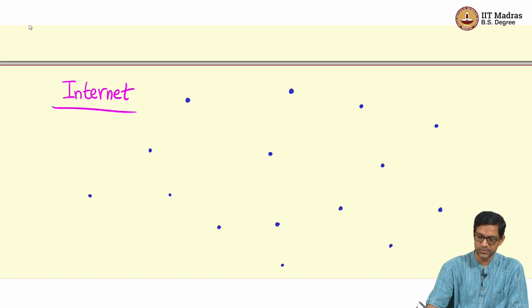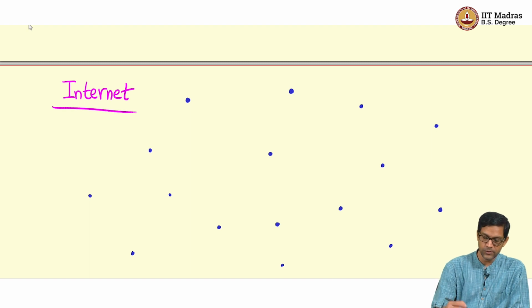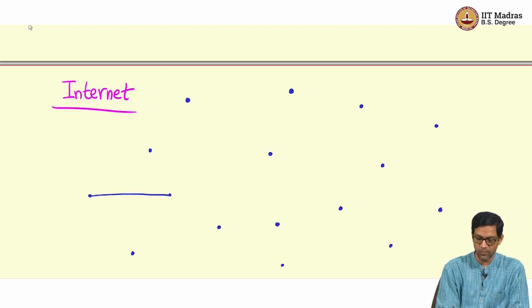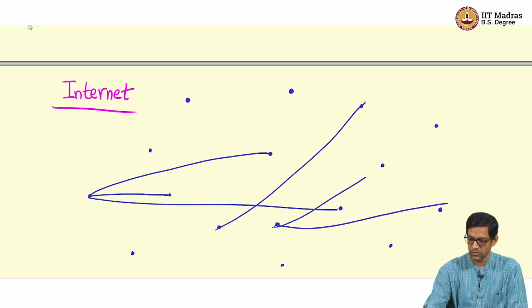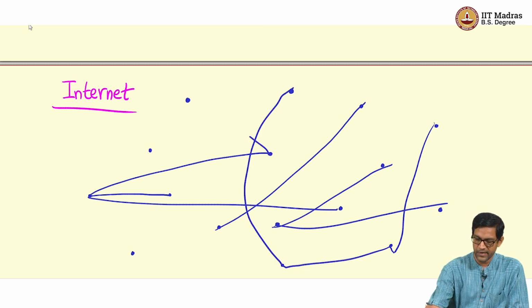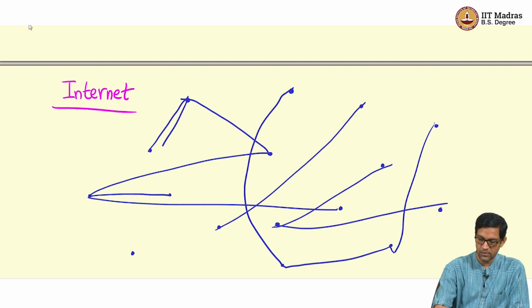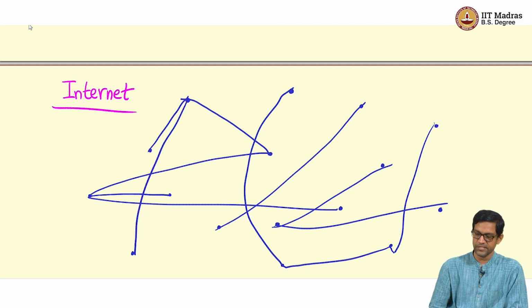So what relationships can you have? Well, a given web page may link to another web page, right? You may find a link from one web page to another one. So maybe certain web pages link to very many others, and so on. Okay, it's a very complicated graph, if you wish, of web pages and links between them.